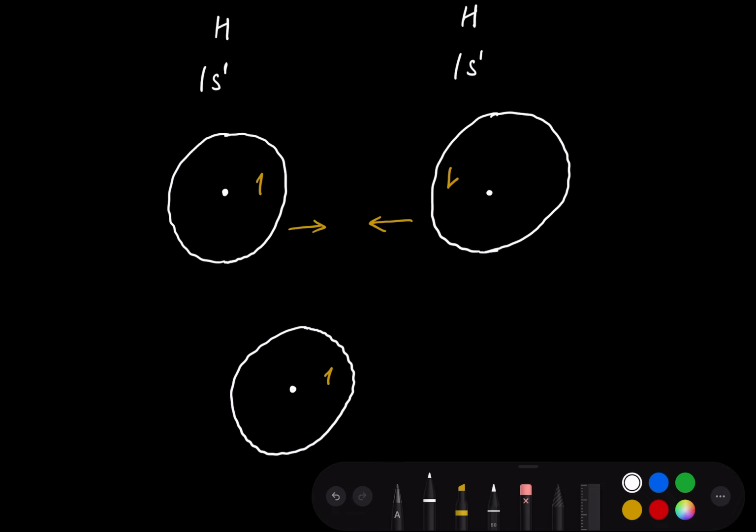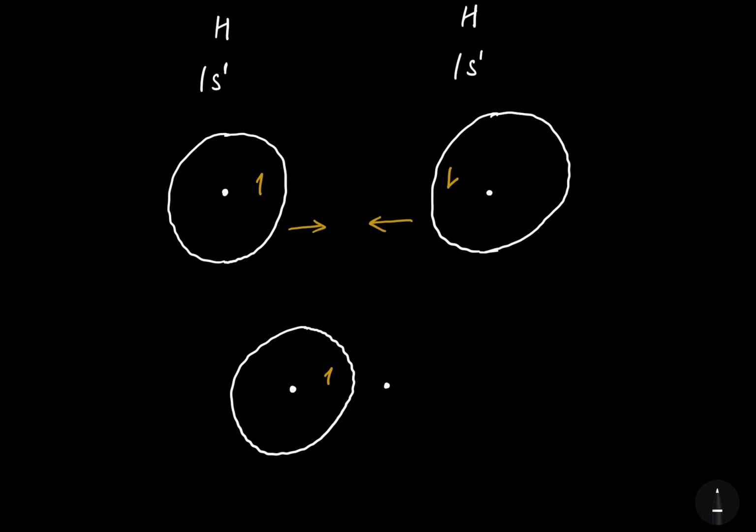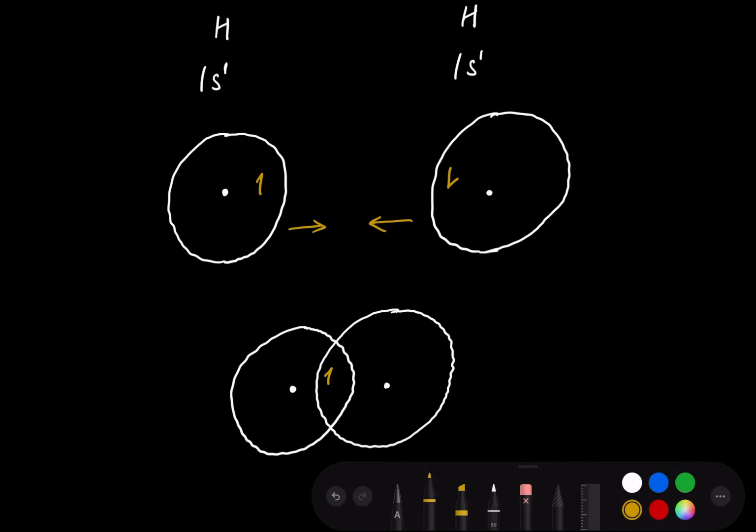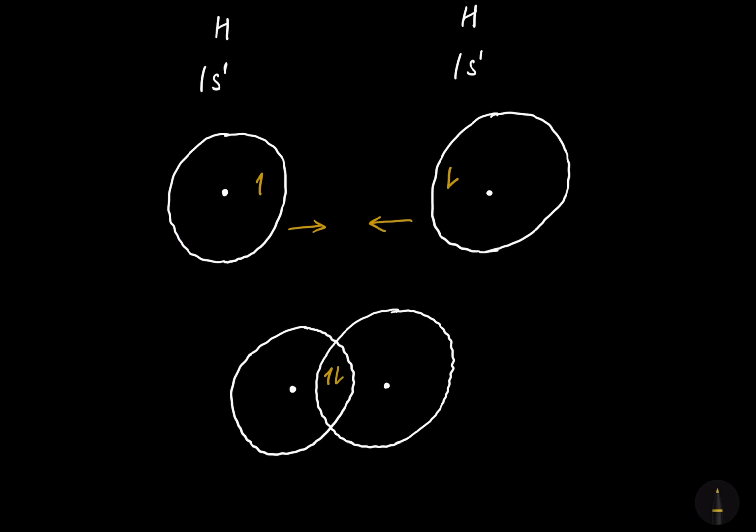So this is the nucleus of the second hydrogen, and this is the 1s of the second hydrogen, and there is the overlapping of the atomic orbitals, the 1s of the first hydrogen with the 1s of the second hydrogen. So this is the overlapping of the atomic orbital, and both the electrons with the opposite spin will come in the overlapped zone. So this is actually the covalent bond formation.